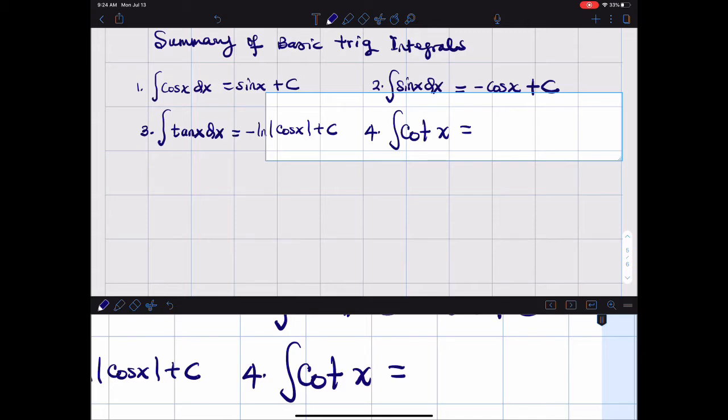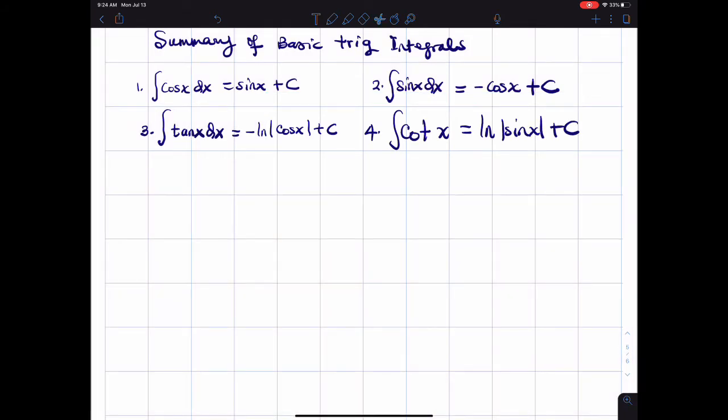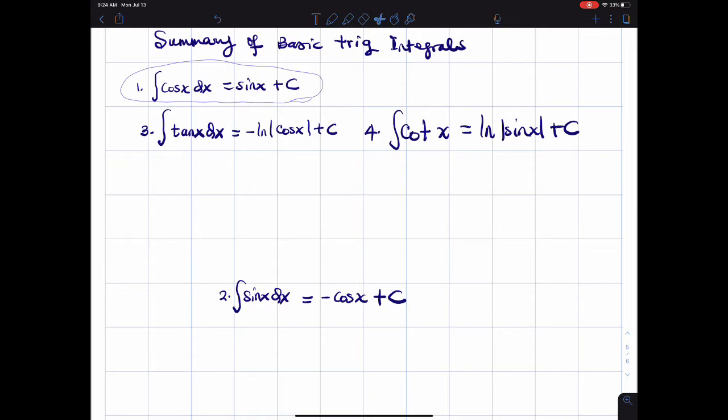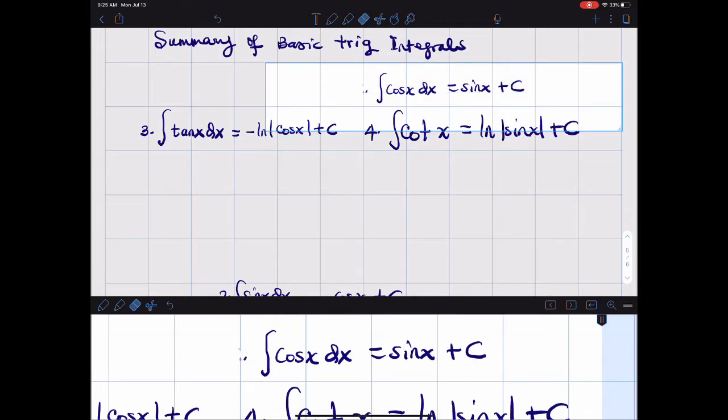We had natural log of sine x plus c. You know what? I want to put all the cos on one side. So maybe that won't work out at the end, but who knows? Let's just do it like that for now.